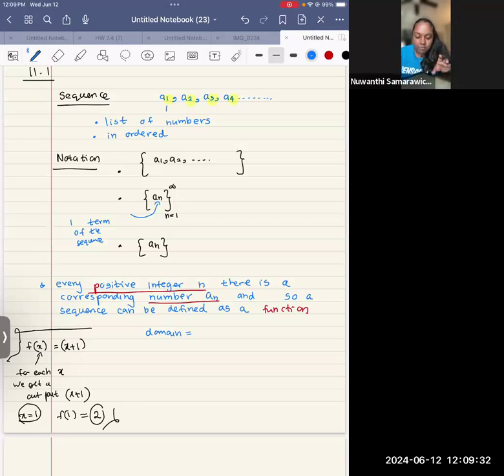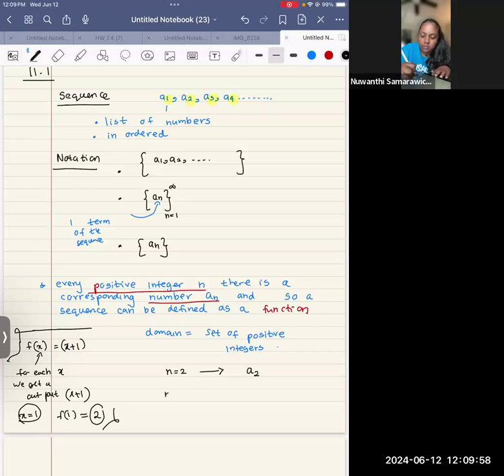Here, the input is the set of positive integers. So if the positive integer n is equal to 2, the corresponding number is a sub 2.